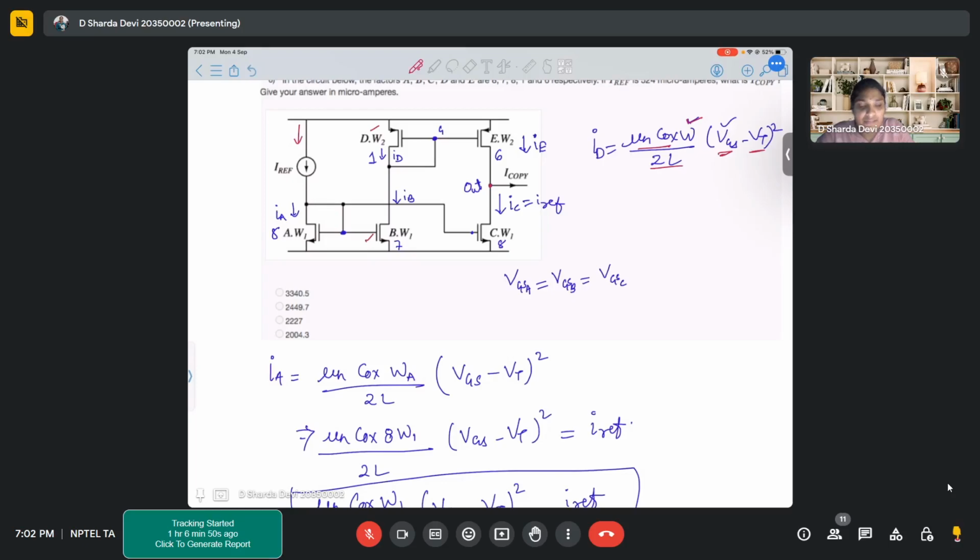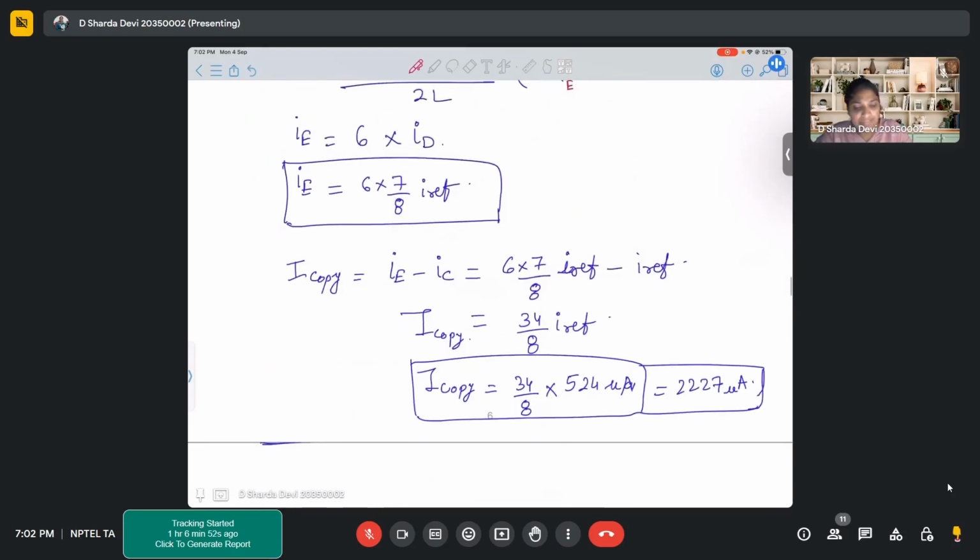That's what we did at the end. IE is here, and IC we already know was IREF from the very first conclusion. So that's how we got the value of I copy. Is this clear?